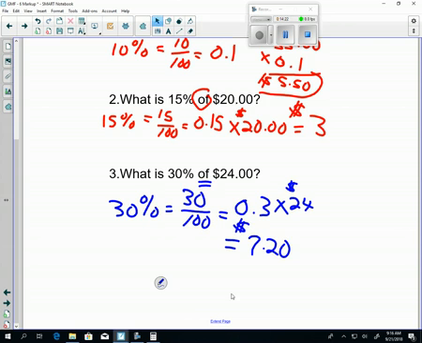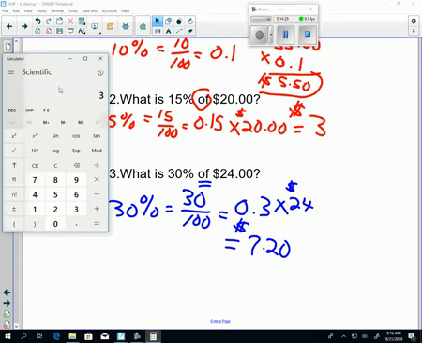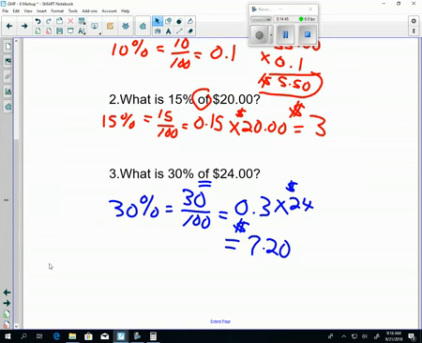Just to check my calculations. $7.20. Okay? All right. It's important that we know how to convert, because when we're doing markups or discounts, it's always given as a percent.